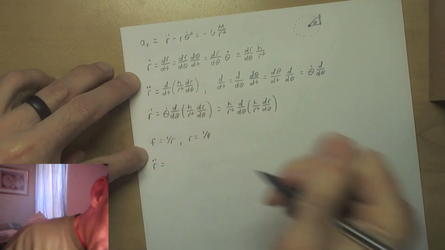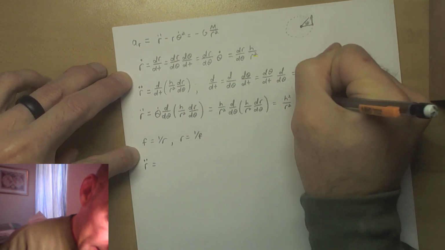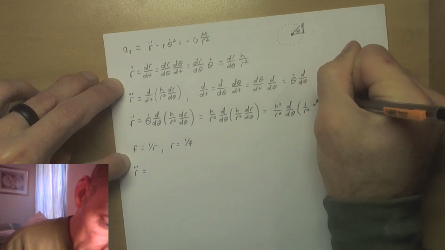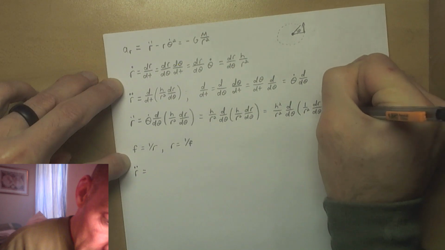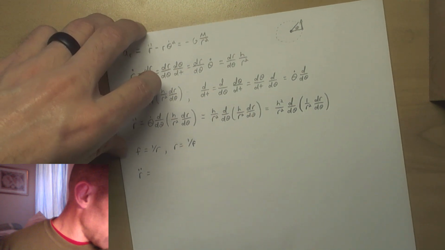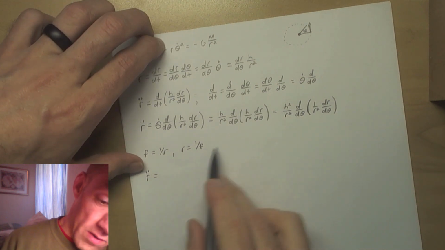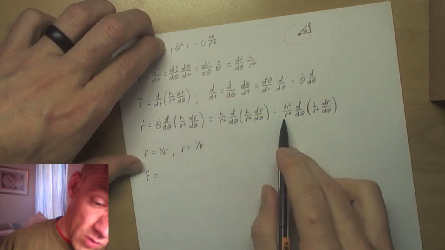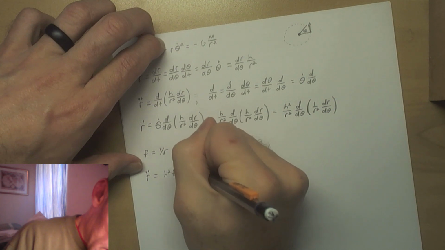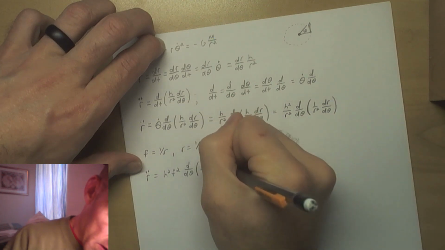So this is equal to h squared over r squared, and we substitute in f is 1 over r, so this is h squared f squared d theta of f squared dr d theta.